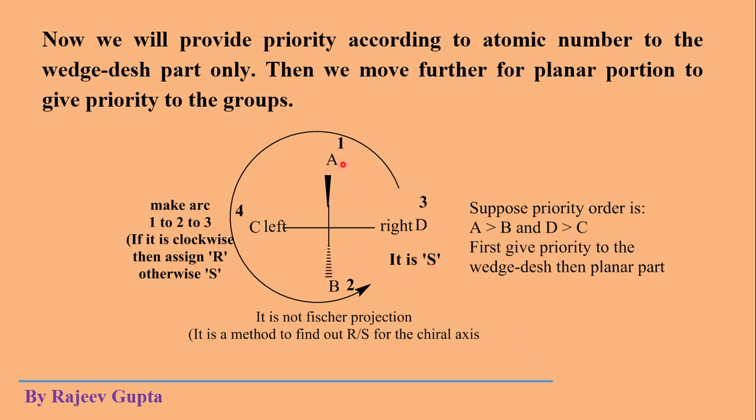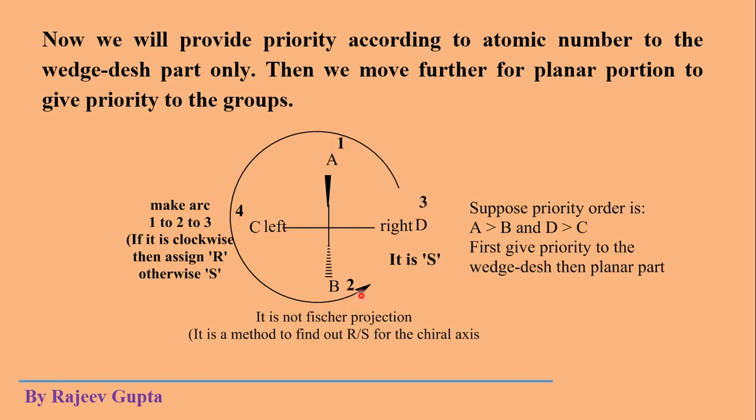See here, if we move from 1 to 2 and 2 to 3, then 3 should not come first after 1. After 1 it should be 2. We will not consider the fourth number here. 1 to 2 and 2 to 3.